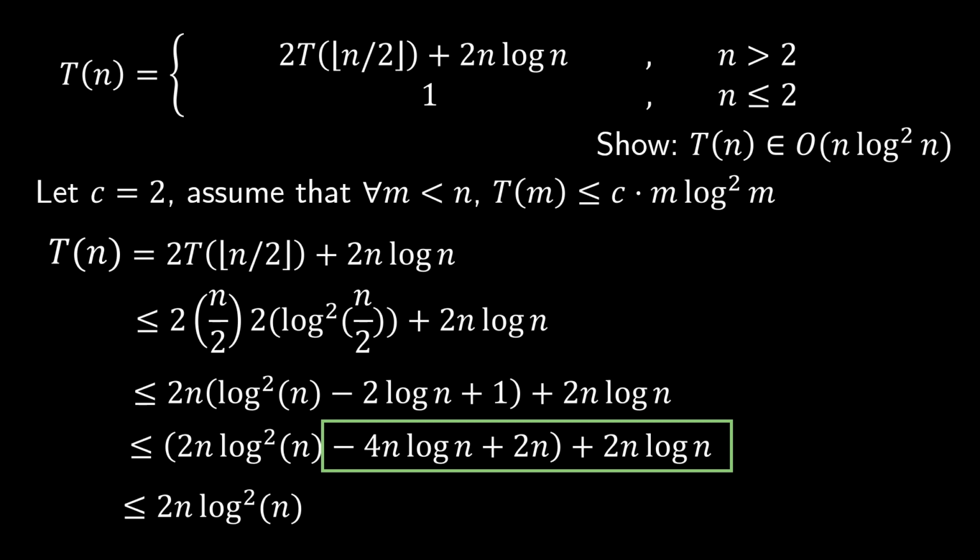For large enough values of n, this is negative. And if it is negative, then removing these terms together only gives me an upper bound, right? Because I'm removing a negative term. Okay, so this gives me that T(n) is less than or equal to n log squared n, which again is what we assumed for all m less than n, we're just holding our end of the deal, right? So we've basically proven that T(n) is in O of n log squared n.